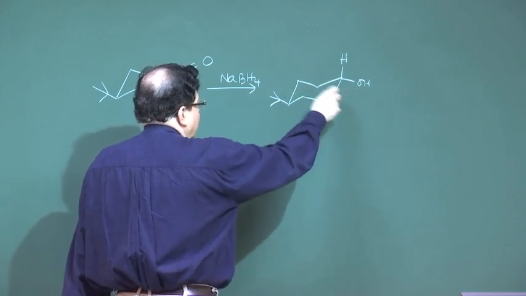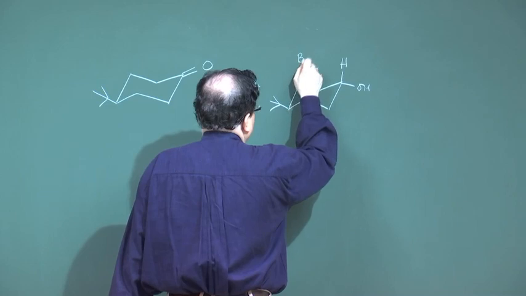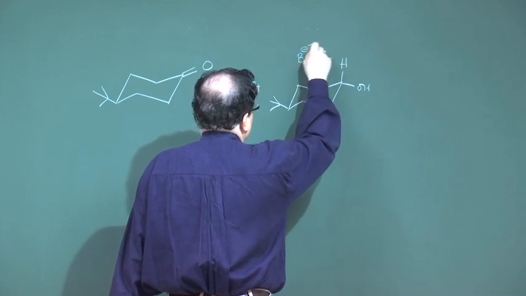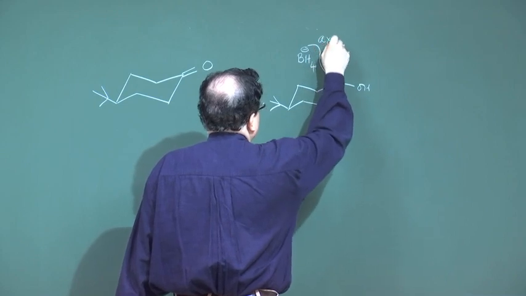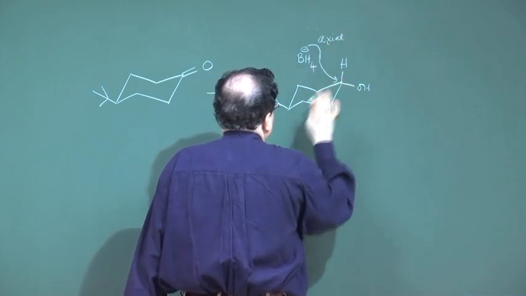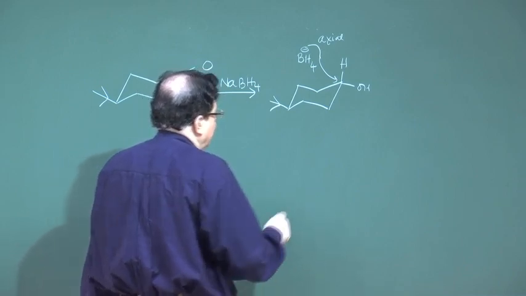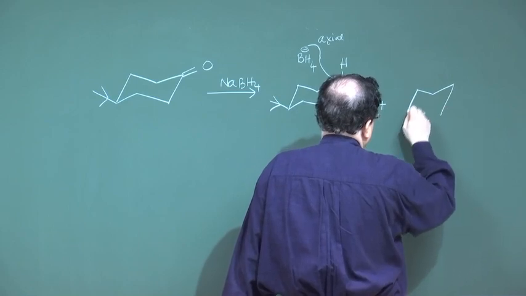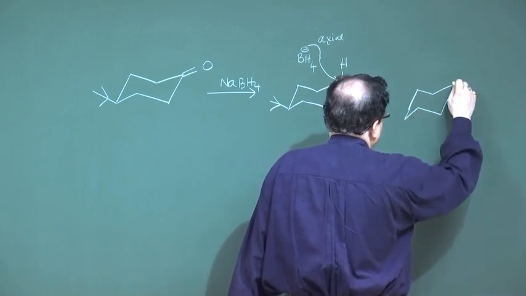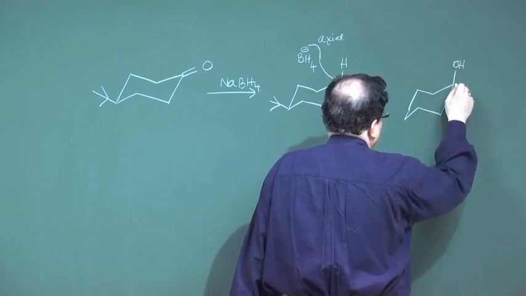Remember, the equatorial alcohol is formed by the axial approach of the borohydride. So, the borohydride approaches from the axial face to give the equatorial alcohol. And to get the axial alcohol, the borohydride approaches from the apparently more sterically accessible equatorial side.